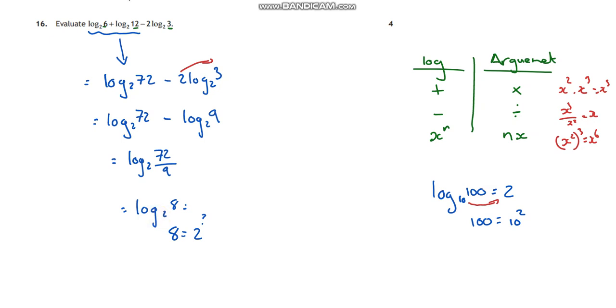I've just moved that little 2 around. So 2 times 2 would be 4, times by 2 again would be 8. So that means the answer is going to be 3. So that's 2 to the power of 3. I'll keep this in a little bracket so you know what's going on. And that means my final answer would be 3.